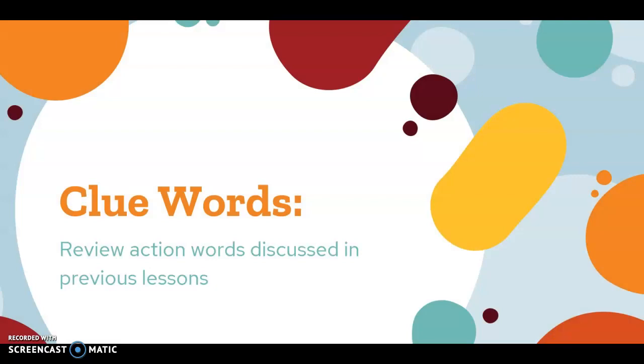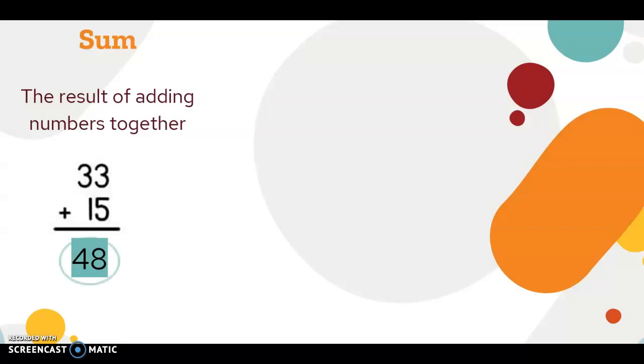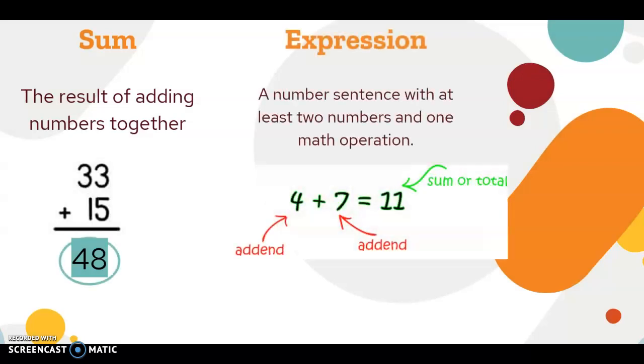Before we get into our lesson for today, I want to review some of the action words that we have learned in our previous lesson. We're going to start with the addition action words that we have learned this week. And so we remember sum. Sum is the answer to an addition problem.